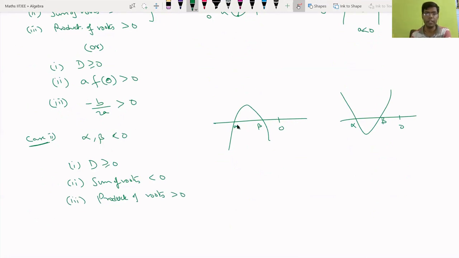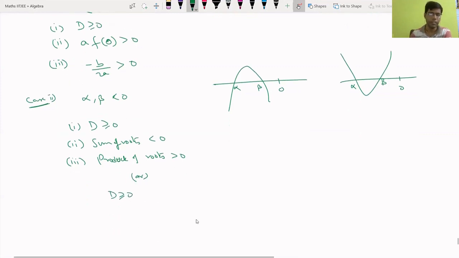Negative multiplied with negative will be positive. That's how I'll be getting product of the roots greater than 0. So these three conditions can be checked, or we can check just discriminant greater than 0 as the first condition.